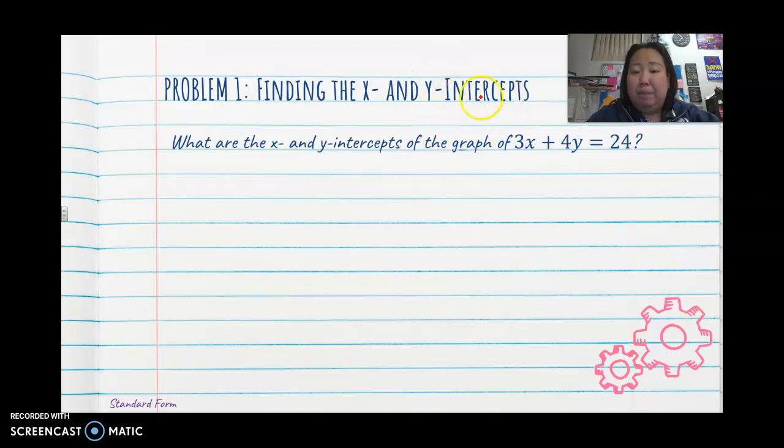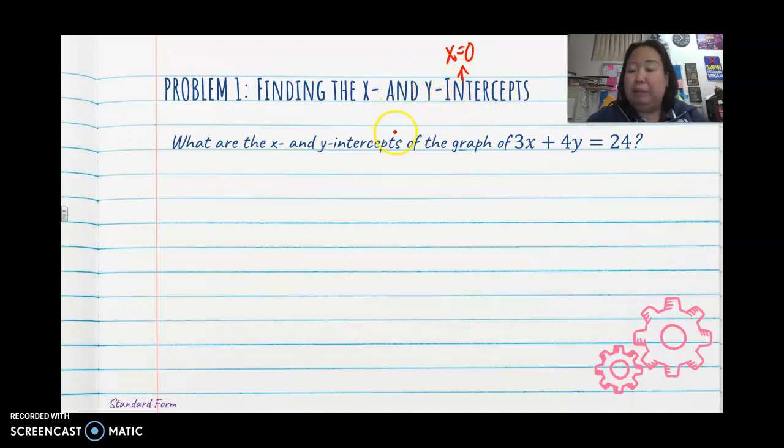This is the point to which the line crosses the y-axis, okay? So in this case, your y-intercept has an x value of 0, since it is on the y-axis. So your x is 0 for your y-intercept.